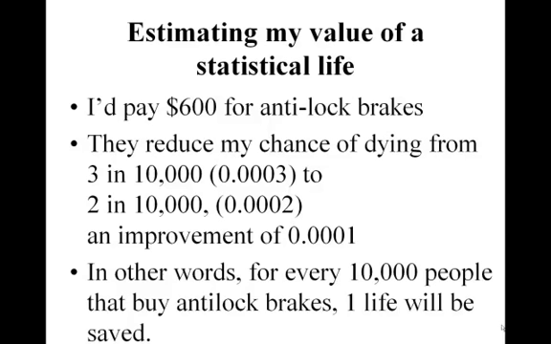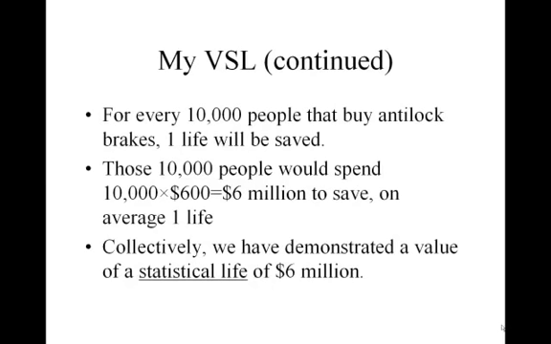Now, what this means is that for every 10,000 people that buy anti-lock brakes, one life on average will be saved. How much do those people spend for those anti-lock brakes? Those 10,000 people would spend 10,000 times 600, or $6 million to save, on average, one life.